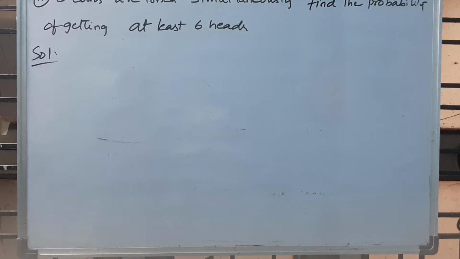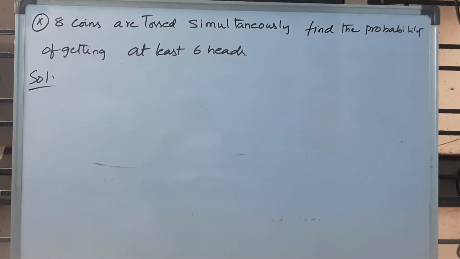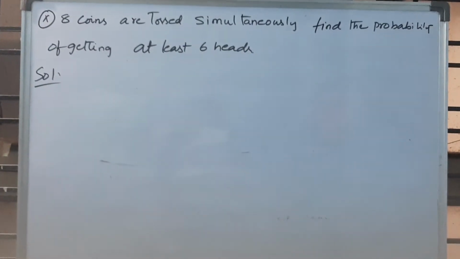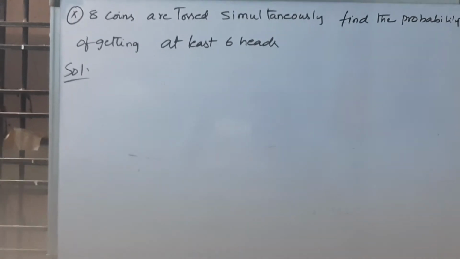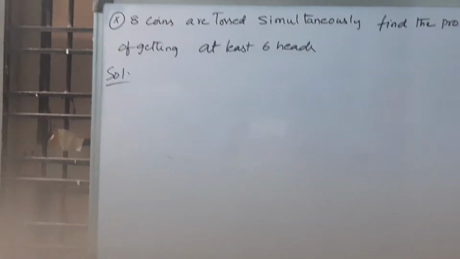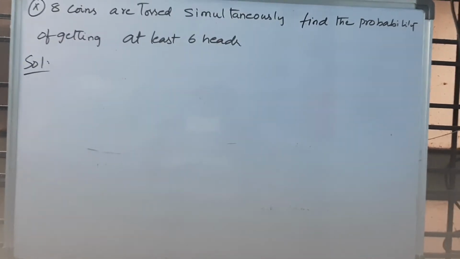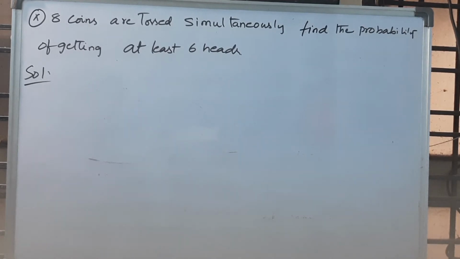What do we have to find here? Find the probability of getting at least 6 heads. At least means a minimum of 6 heads must come. A minimum of 6 heads means 6 can come, 7 can come, or 8 heads can come. So we find the probabilities separately: the probability for 6 heads, the probability for 7 heads, and the probability for 8 heads.